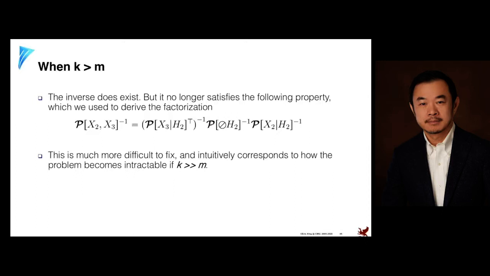What's more troublesome is, what if the K, the hidden states, we want a design where the hidden states have a higher cardinality than the observation. This seems to be a bit odd, but that's a design choice we could have made.